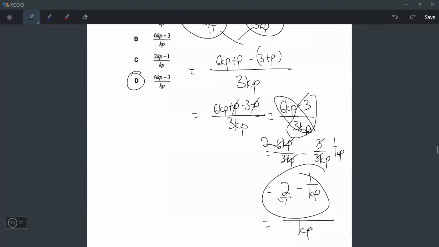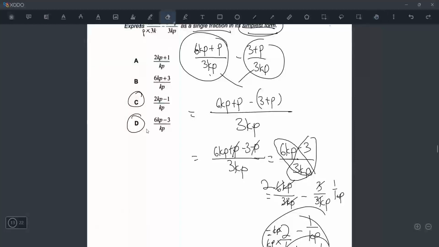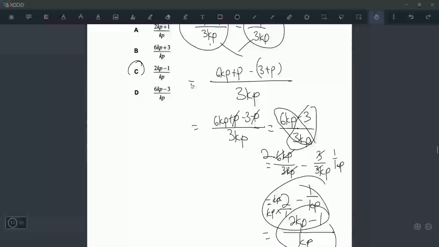So this one will be over 1. So times kp, right? To make them the same. So it'll be 2kp minus 1. So the answer is actually not D actually. The answer is C actually. Oh, I also almost fall in the trap. I almost salah. Okay. So the answer should be C, right? Not D, right?